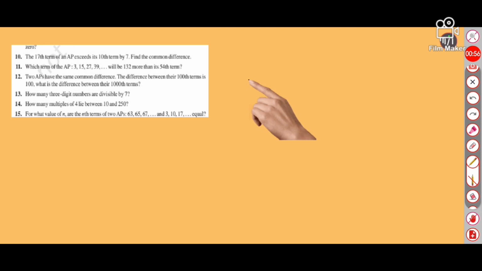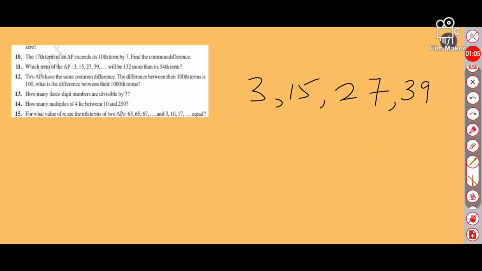The 11th question: which term of the AP 3, 15, 27, 39 will be 132 more than its 54th term? Now first just write the given from the question. 3, 15, 27, 39 and it goes on.